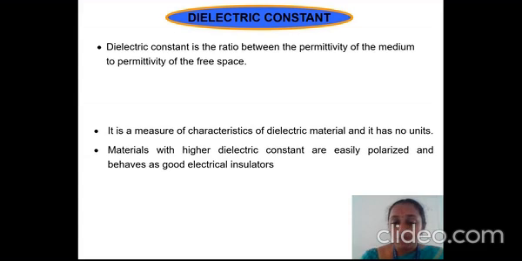Because it is used to measure the characteristics of dielectric material. The dielectric constant has no unit. Materials with a higher dielectric constant are easily polarized and are good electrical insulators. Its relation to susceptibility is given by epsilon r equals 1 plus psi e.